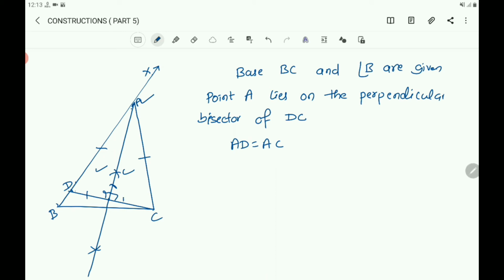Naturally these two triangles are congruent, so AD equals AC according to CPCT. Now BD equals AB minus AD, that equals AB minus AC, writing AC in place of AD.